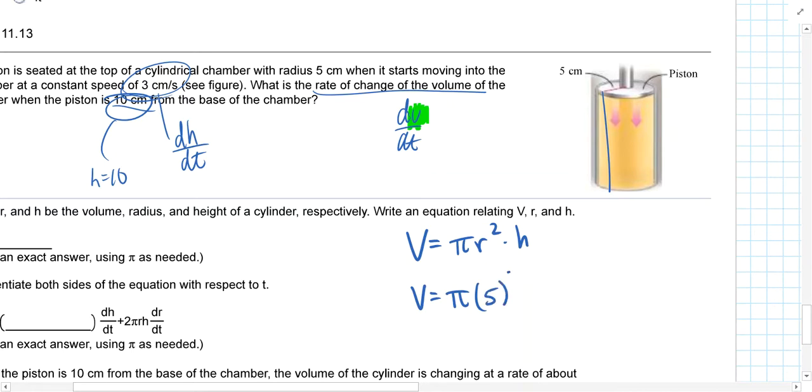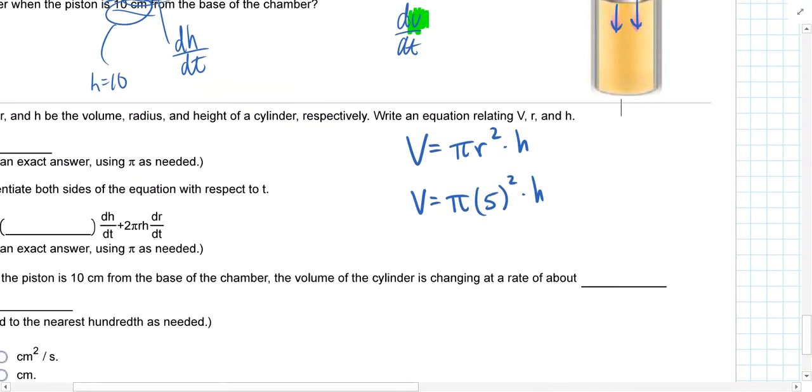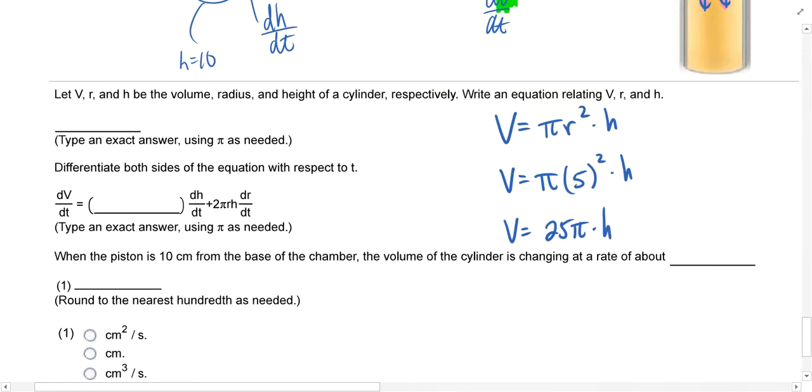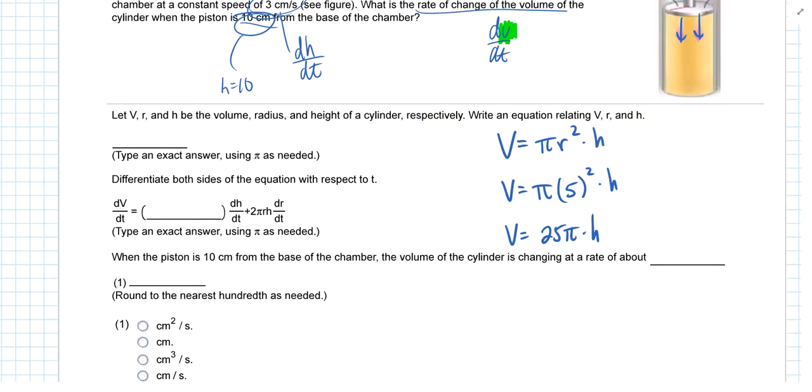The radius is stuck at 5, while the height of this cylinder changes as the piston drops in. The height measurement will change over time. So the height of the cylinder is going to change as time passes, but the area of the base is consistent. So we've got 25 pi times h to represent this volume. But again, the radius remains fixed.